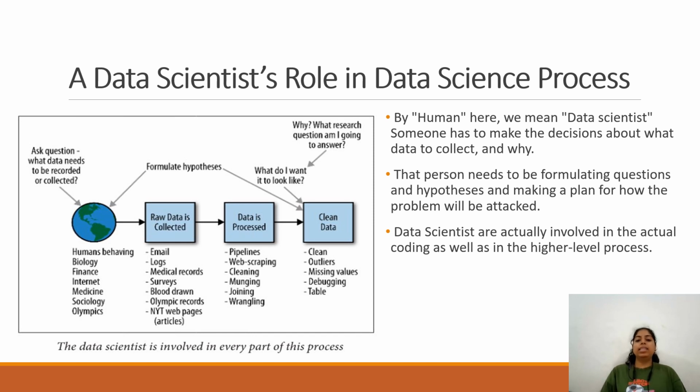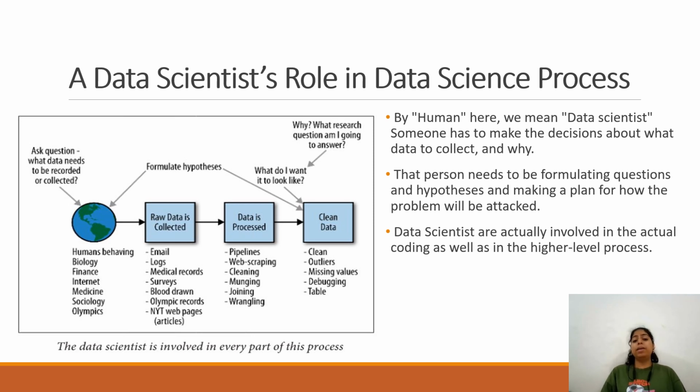Then the data is cleaned. What do I want the data to look like? Data scientists think about what they want the data to look like. They clean the data, they remove the outliers, they handle the missing values, they debug it, they make it into a table. Why and what research questions am I going to answer?